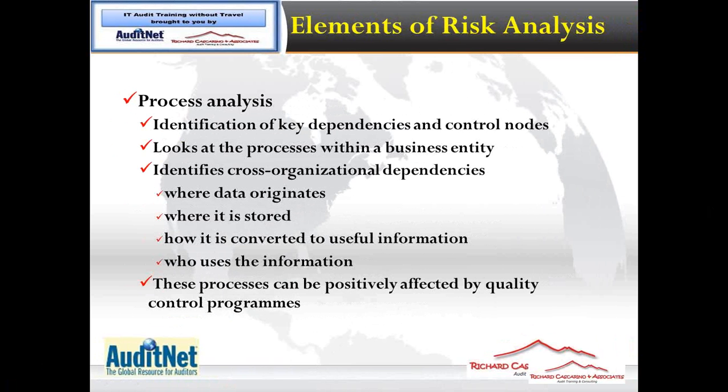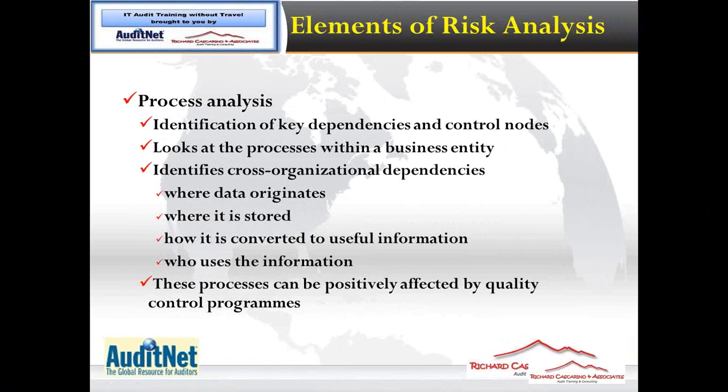If it's critical, is it possible to lose confidentiality? How does that raw data get converted to useful information? And are the people who are using it using it correctly? And all of those processes can be positively affected by good quality of control procedures and badly affected by poor ones.